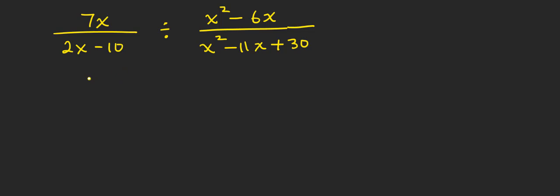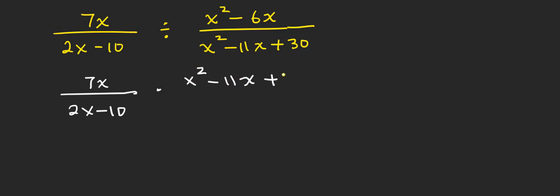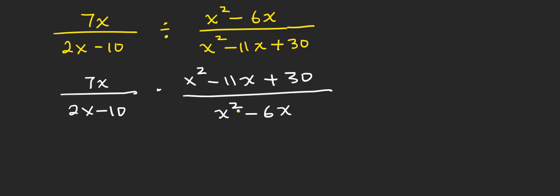So when you're dividing, what we need to do is 7x over 2x minus 10 times the reciprocal of this, which is x squared minus 11x plus 30 all over x squared minus 6x. Now we need to factor.